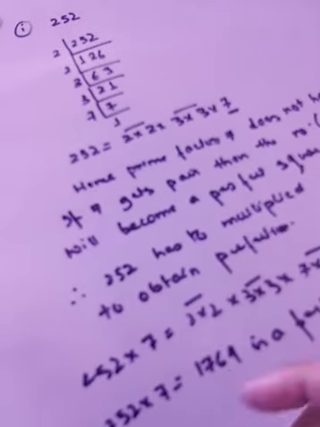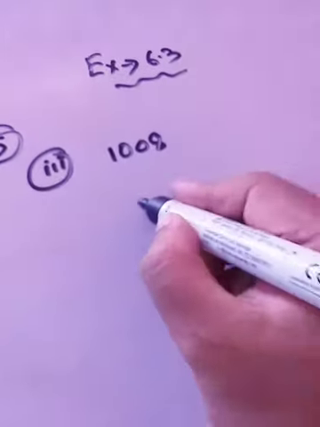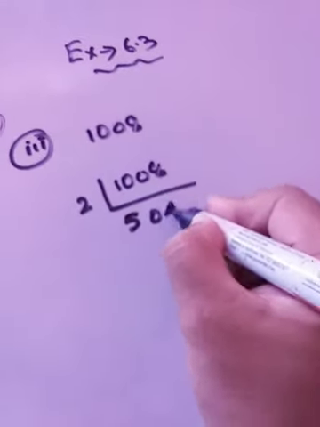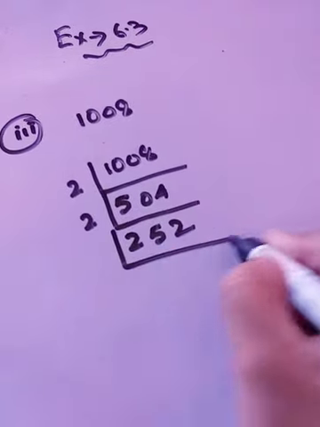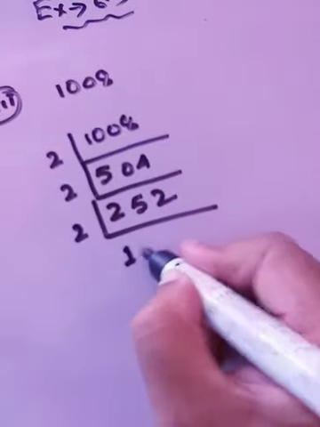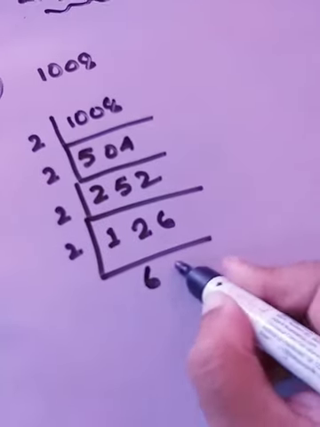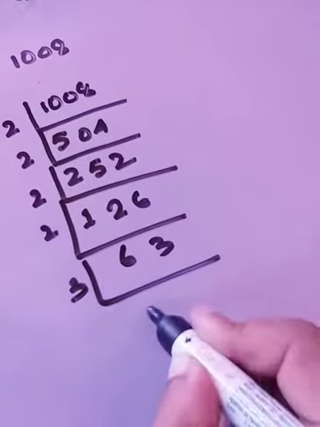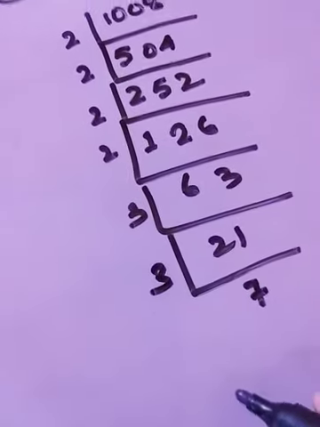Okay, let's do sum number 3. This is sum number 3. So let's start with the prime factorization. 2 5s are 10, 0, 4. 2 2s are 4, 2 5s are 10, 2 2s are 4, isn't it? 2 1s are 2, 2 2s are 4, 2 6s are 12, 2 6s are 12. 3 21s, 3 7s.